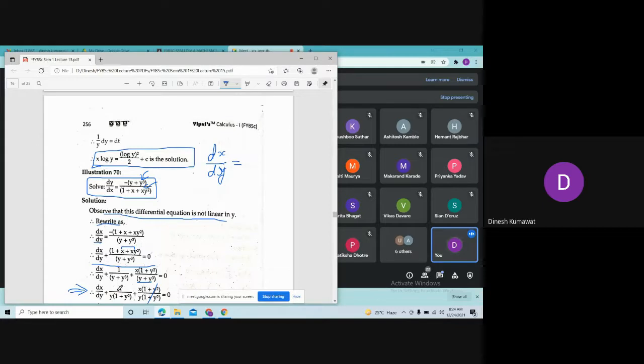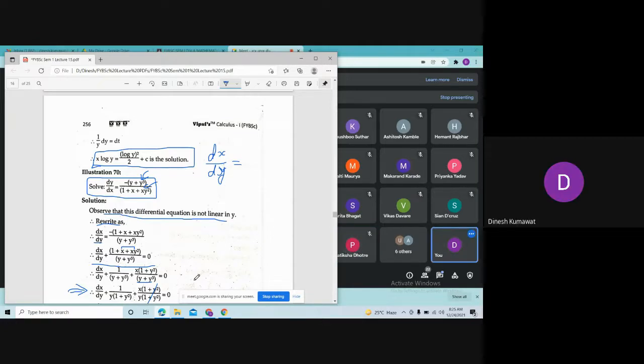Now tell me which one is my P and which one is my Q. Again, remember you need to write down this in the standard form first. After that, you are going to compare what is P and what is Q. So P is 1 upon y and Q is minus 1 upon y into 1 plus y square.